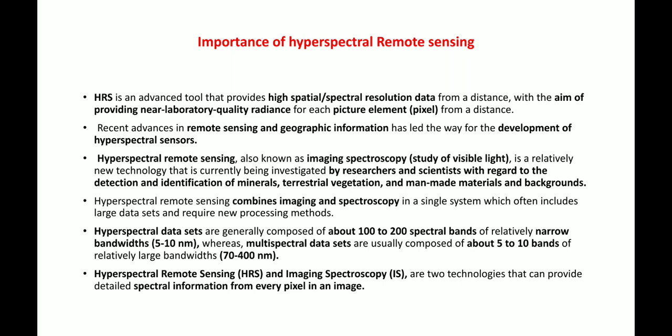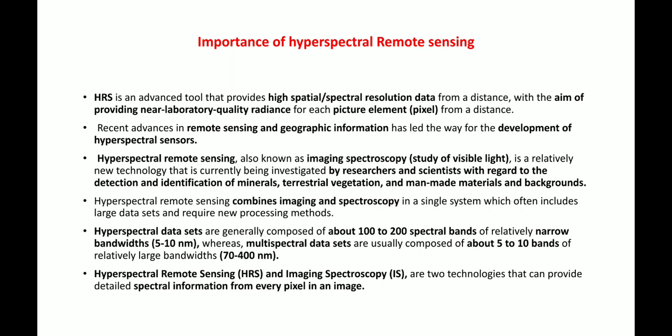Hyperspectral datasets are generally composed of about 100 to 200 spectral bands of relatively narrow bandwidths, that is 5 to 10 nanometers, whereas multispectral datasets are composed of 5 to 10 bands of relatively large bandwidths, that is 70 to 400 nanometers. Here we can see the difference between hyperspectral datasets and multispectral datasets: the number of bands and bandwidths vary from each other.